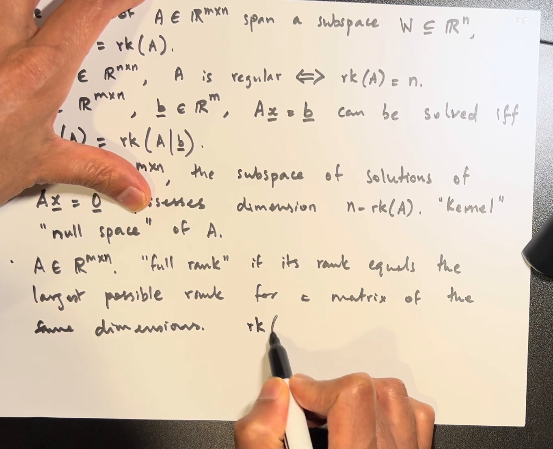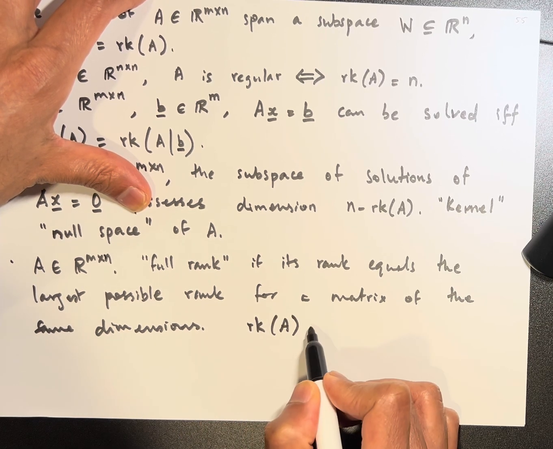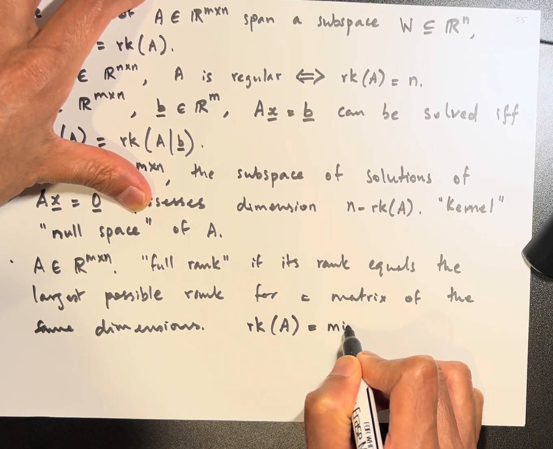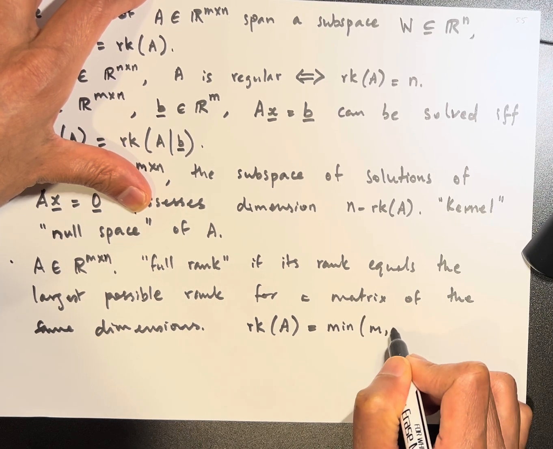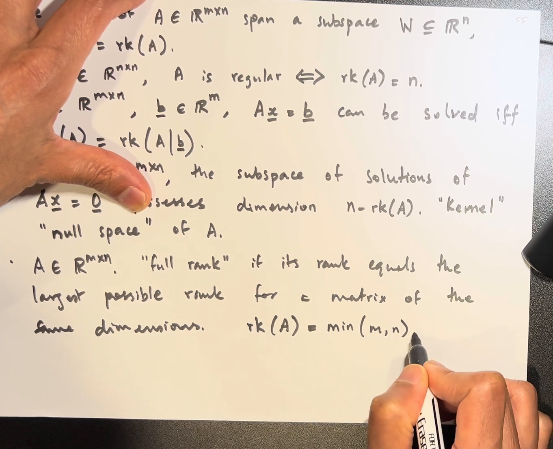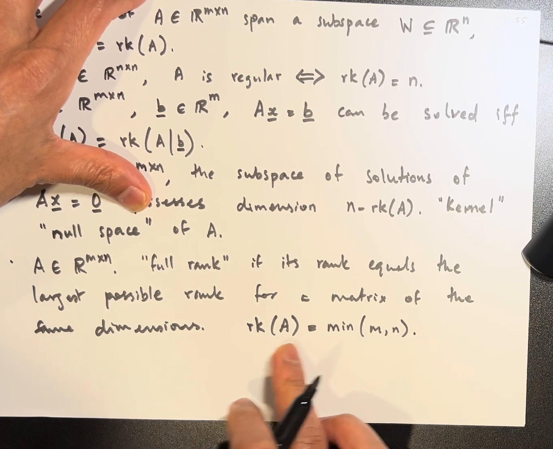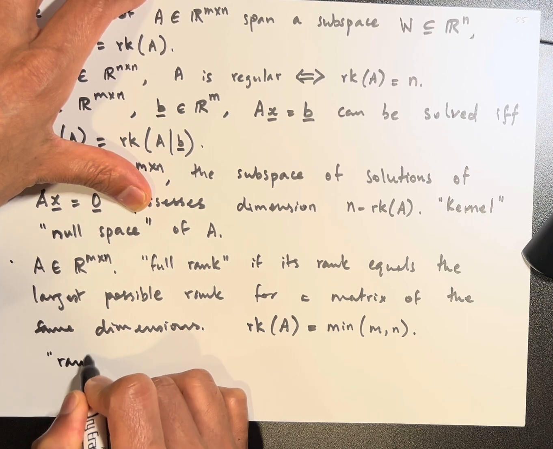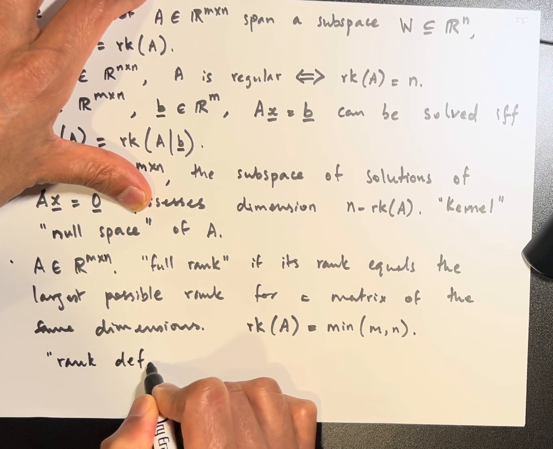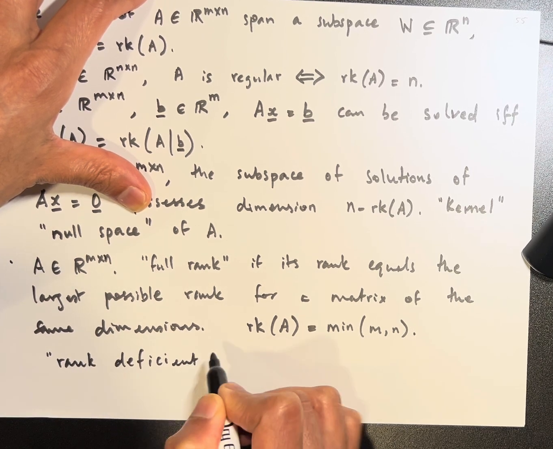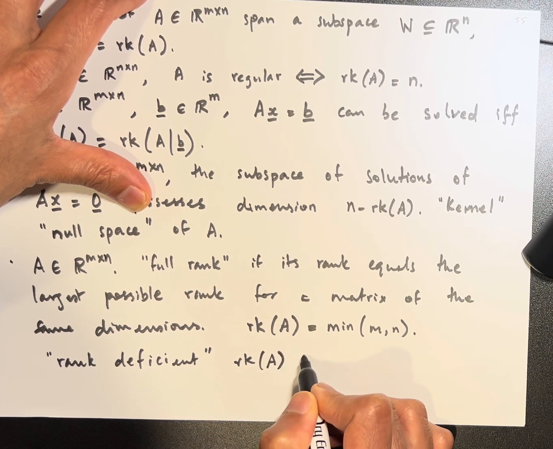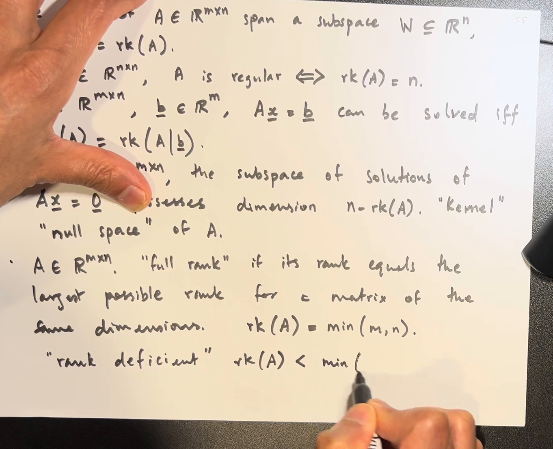So this is always true for full rank matrices. If the rank is not full, then this is less than or equal to. Those are called rank deficient matrices, meaning the rank of A is strictly less than the minimum of m comma n.